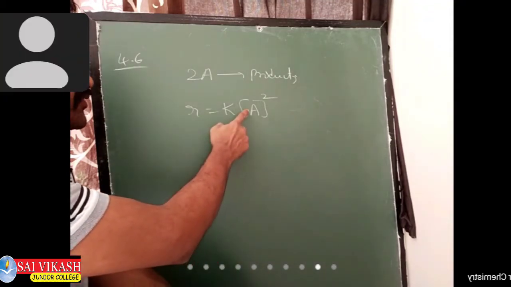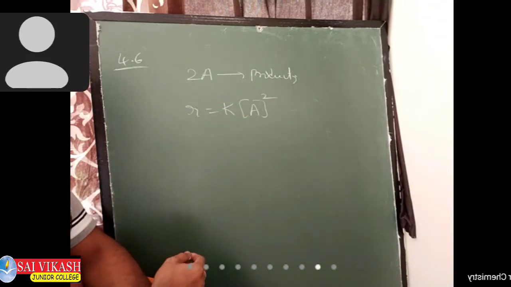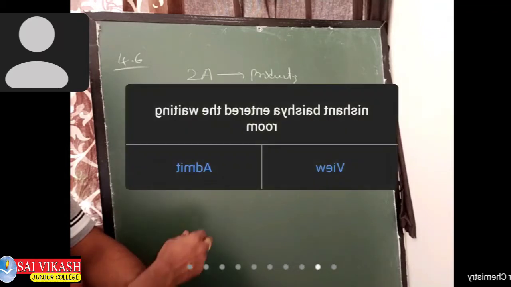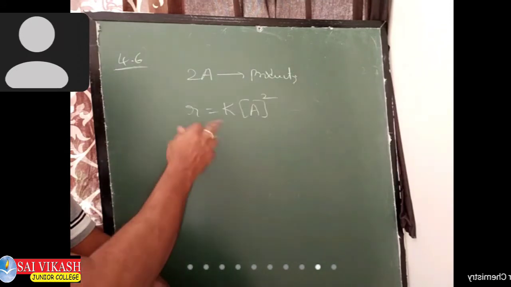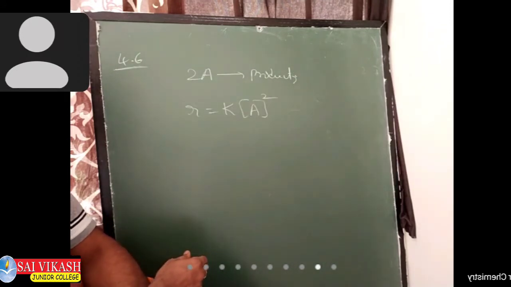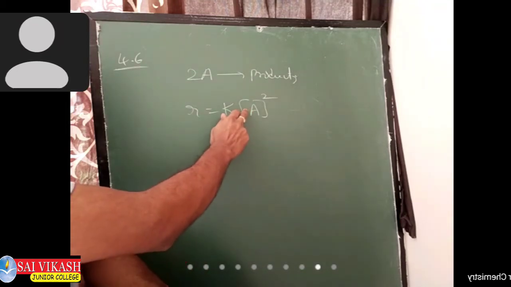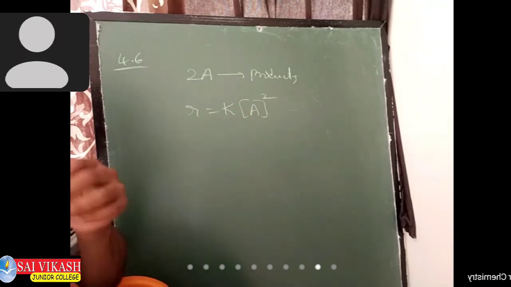You tell me, if it is increased by 2 times, then the rate will increase by how many times? If A is increased by 2 times, then the rate of reaction is increased by.